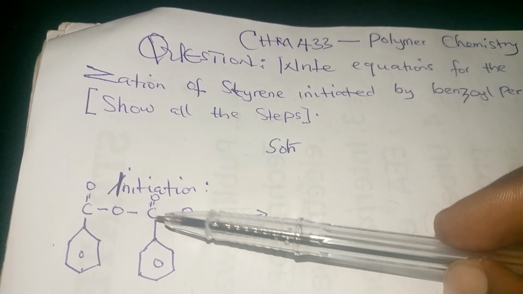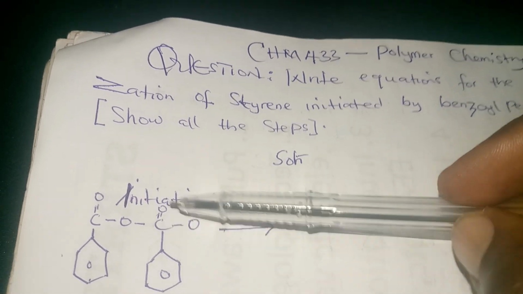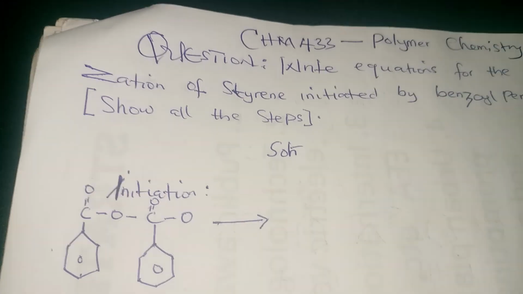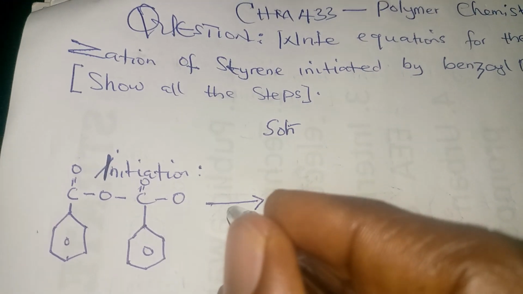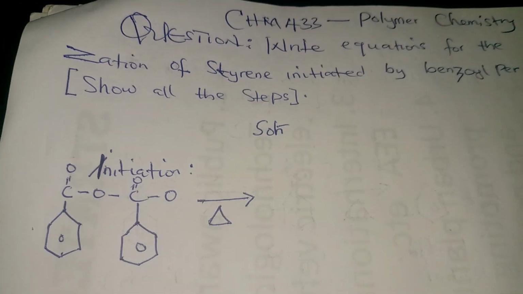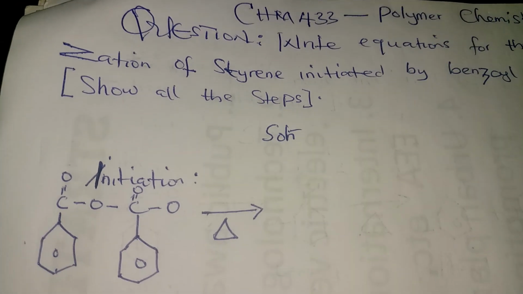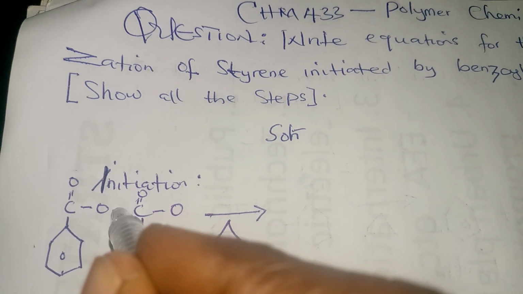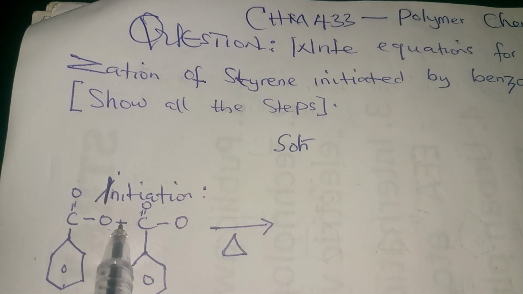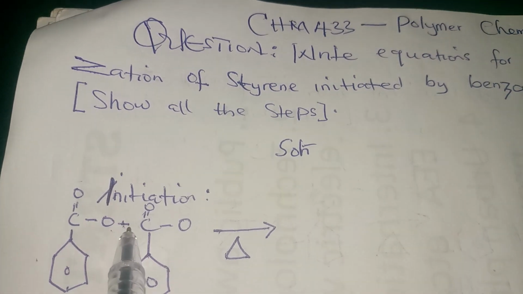So you have to remove these carbon dioxide groups that are here, and for you to be able to remove them, you have to heat it. If you heat it, it is going to break into two. This particular bond that holds the two of them together will break.